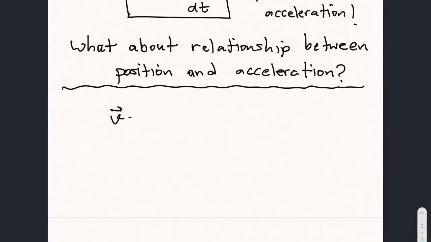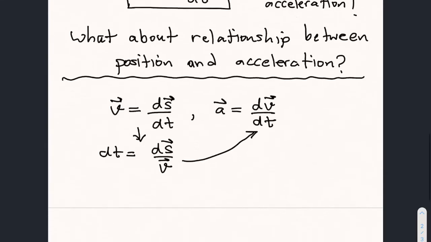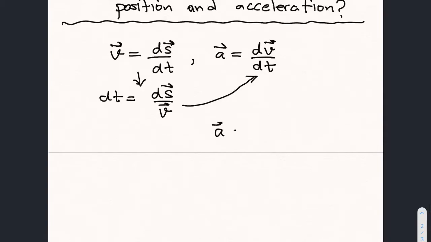So v is equal to ds over dt and a equals dv over dt. From here I can write dt as ds over v, as you can see here. And if I plug this back into here, then a is going to be dv over ds over v.